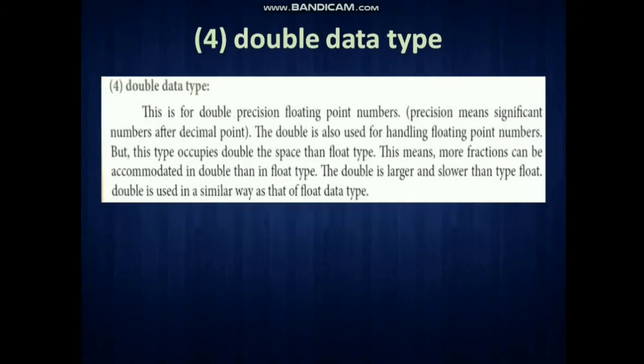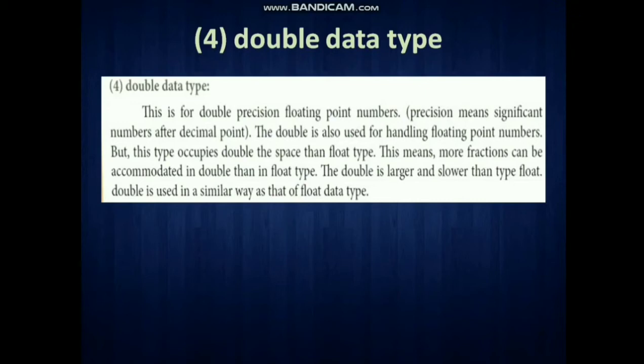Next one is the double data type. Why do we have to use this double data type? Okay, the double data type is for precision floating point numbers, that means the significant number of decimal points. So this double data type we use in place of integer data types and float data types, in floating point numbers.